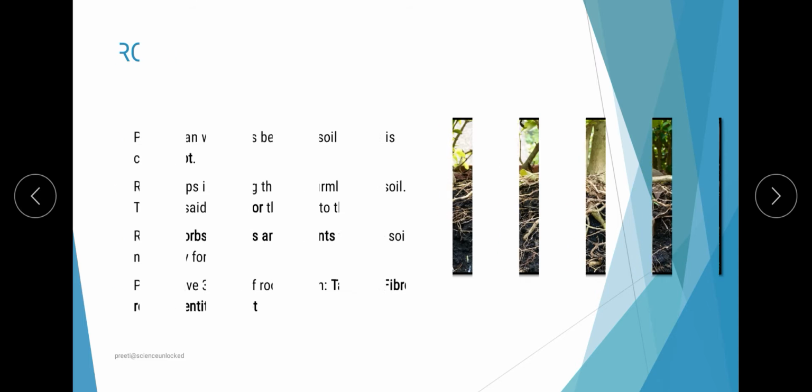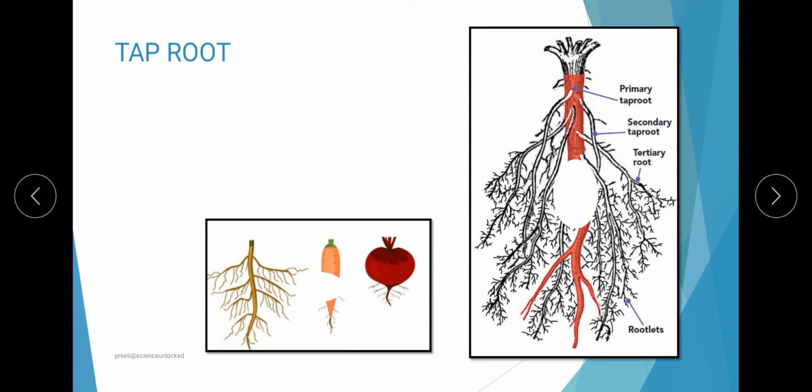The first is the taproot system, where there is a main axis, or you can say main root, growing from the point of origin of the root, and within that main axis there are further extensions, which are considered the secondary and tertiary roots, thinner compared to the main axis.